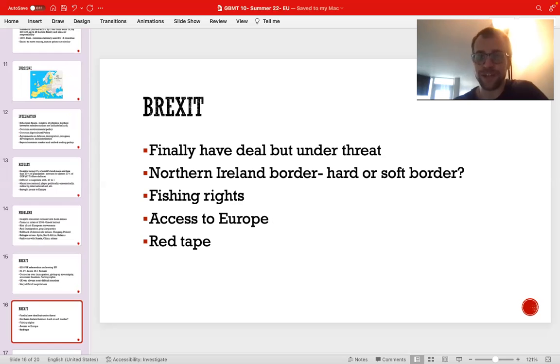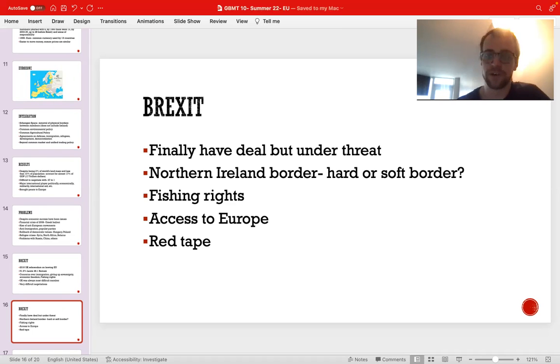Also, which you'll see in some of the materials I provide this week in the weekly learning section, the border between Northern Ireland and the Republic of Ireland remains very problematic. The Republic of Ireland and Northern Ireland are two separate states, right? One is within the United Kingdom, one is within the Eurozone.